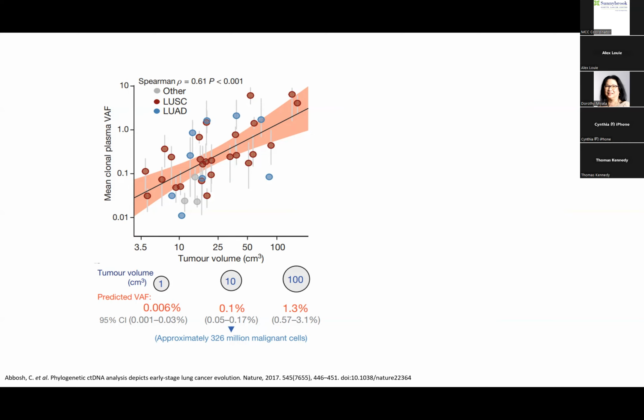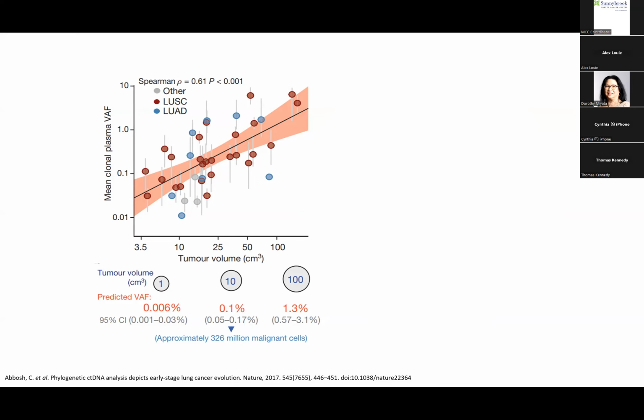This was particularly in lung squamous and adenocarcinomas. And if we look at the bottom here, we can see that a 10 cubic centimeter volume is approximately a 1% VAF identified.